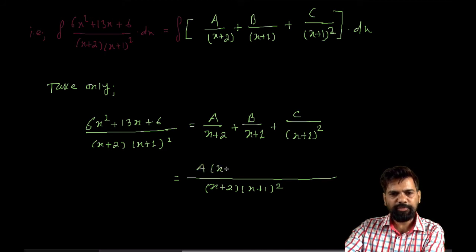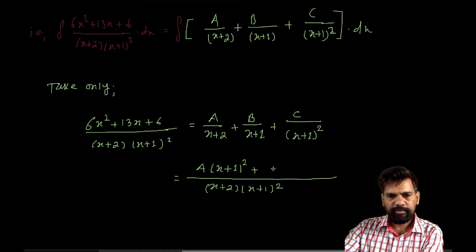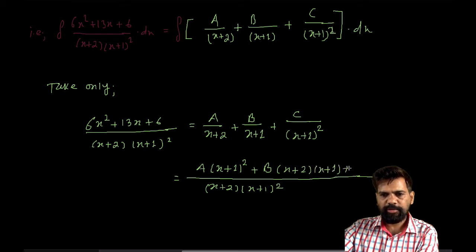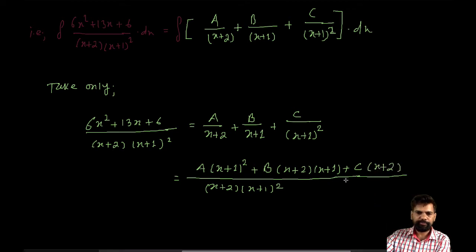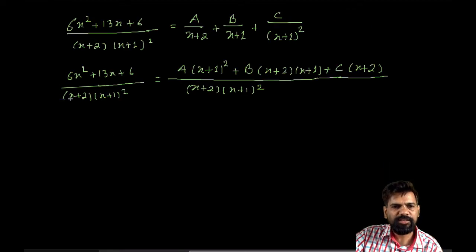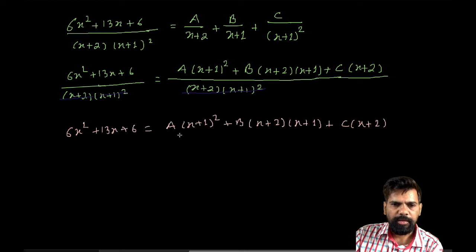Then A times (x plus 1) whole square plus B times (x plus 2) times (x plus 1) plus C times (x plus 2). Now you can see here this denominator and this denominator are cancelled. Now we have left 6x square plus 13x plus 6 is equal to A(x plus 1) square plus B(x plus 2)(x plus 1) plus C(x plus 2).